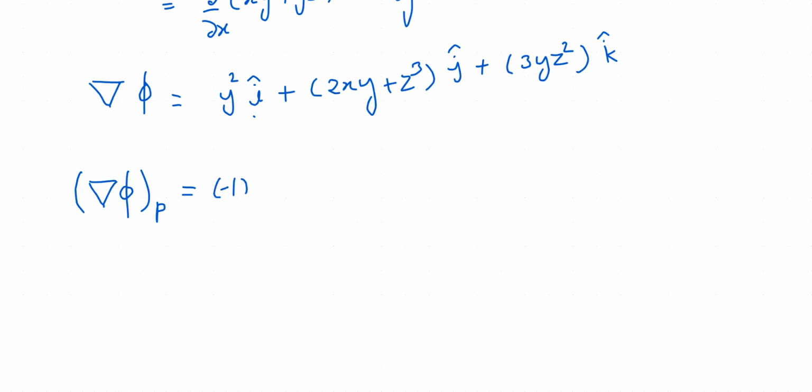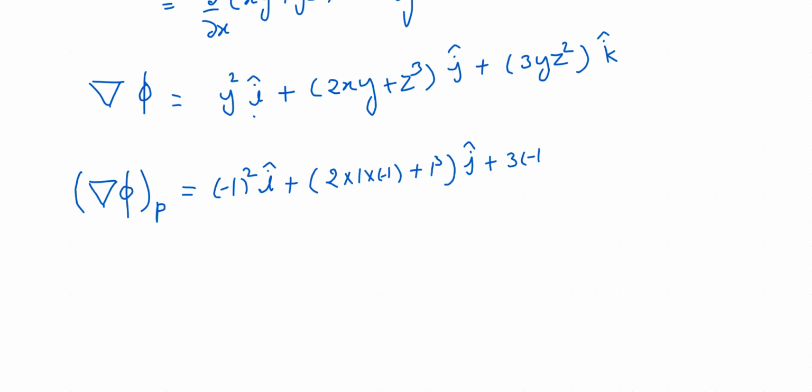into i cap plus 2x is 1 and y is minus 1 and z is also 1. So 1 only, and 1 square is also 1. You can take directly 1 also. So that k cap plus 3 and y is minus 1 and z is 1.